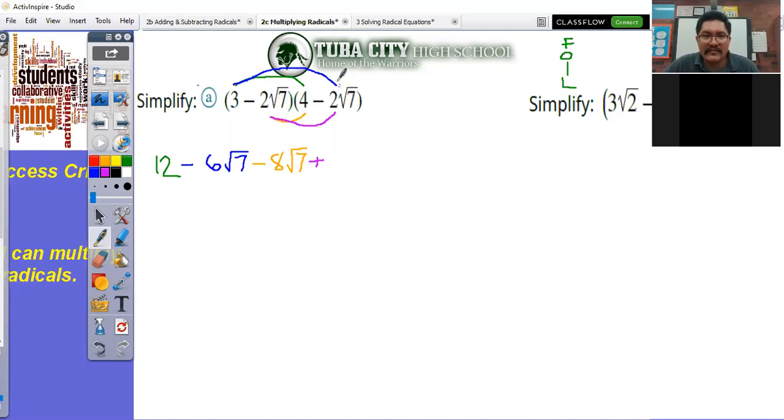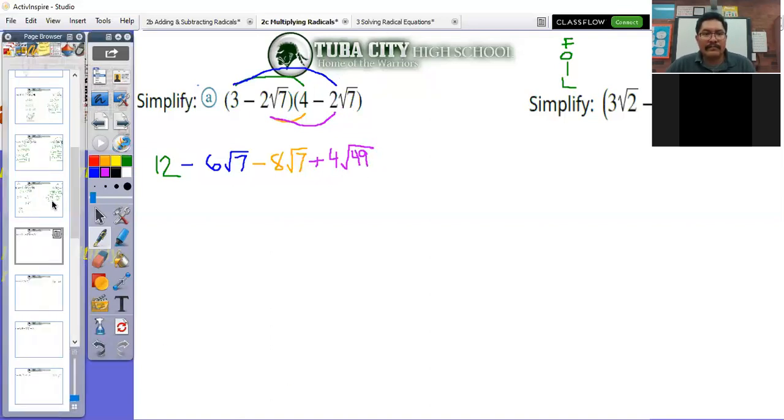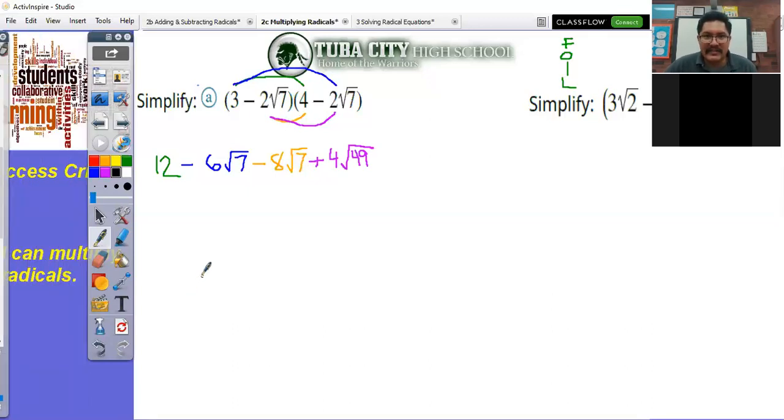Multiply 2 together, so 2 times 2 is 4, and root 7 times root 7. Now, in this case, since I have both numbers with roots, the roots will multiply to a larger number. So I end up with root 49 because 7 times 7 is 49.